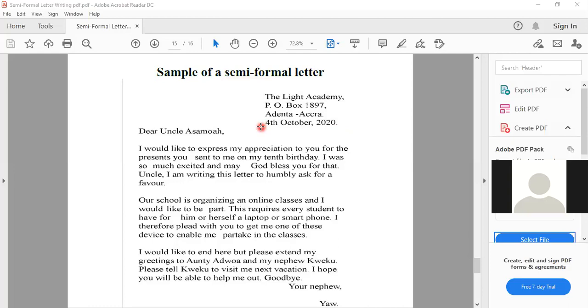And then when I came to the left side, I had this one, the one that the pointer is pointing at. What name do we give to it? Abena, over here. Dear Uncle Asamoah, what is it? Is it the address? Is it the introduction? Abena, tell me. Oh, Abena is not here.